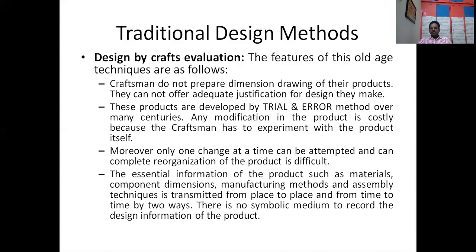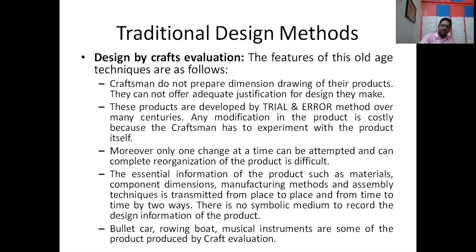There is no symbolic medium to record the design information of the product, because the components, methods and assembly techniques they used vary from place to place and time to time, because of variation of generations. There is no symbolic medium to record the designs. They used to learn from their forefathers. That is the traditional design method called design by crafts evolution.